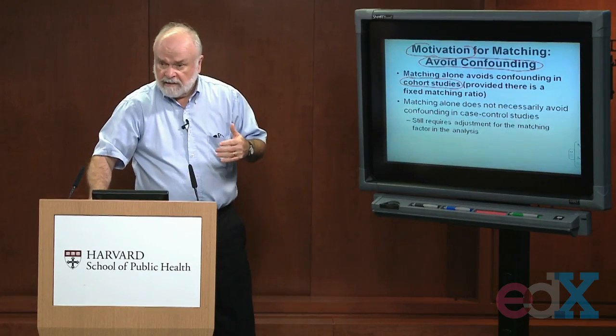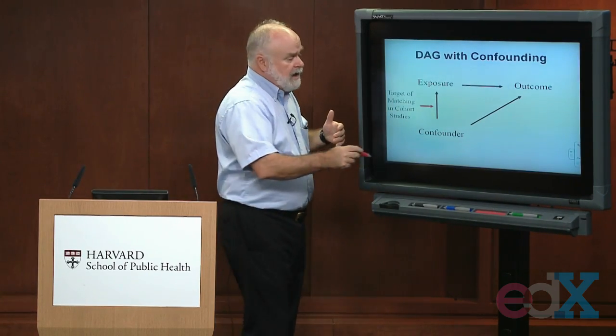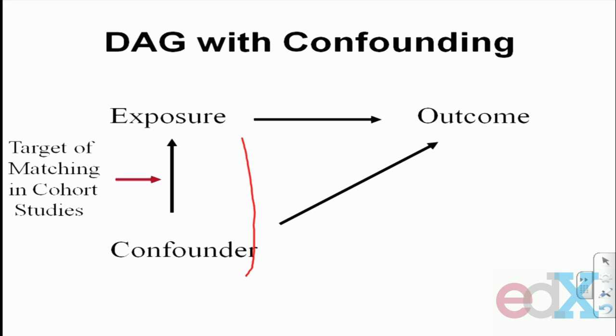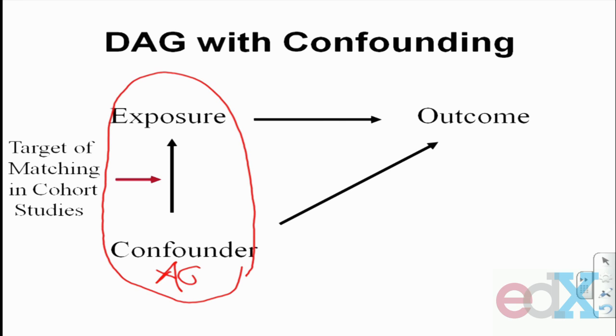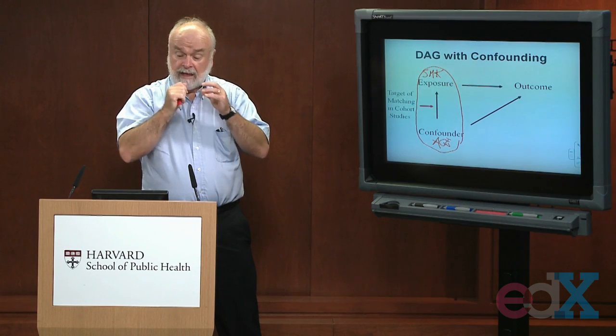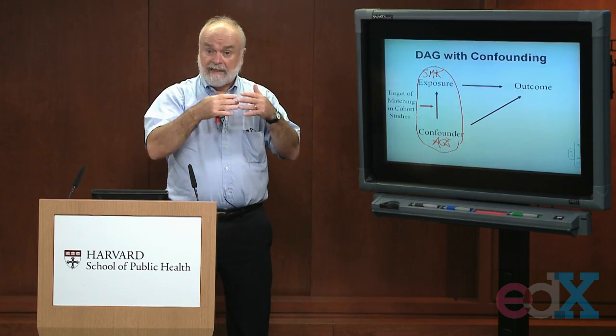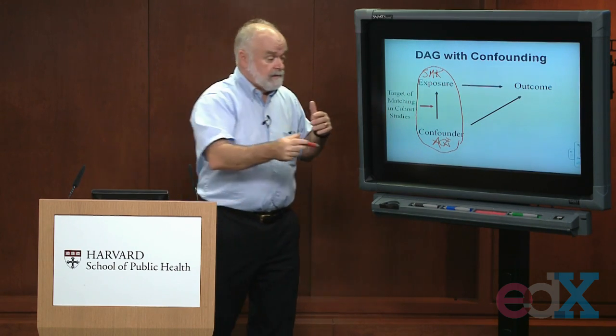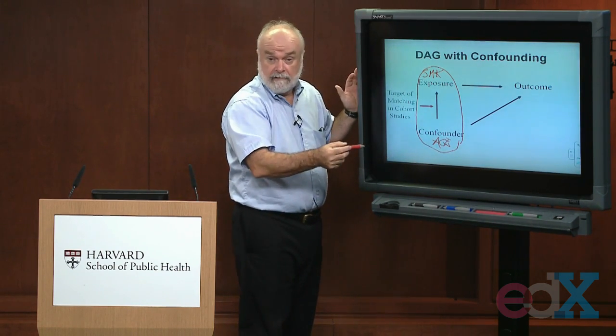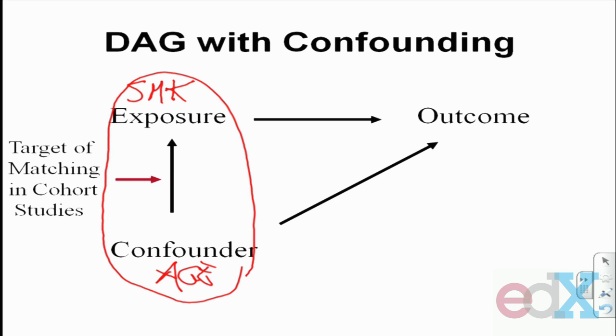So what matching does in a cohort study, it addresses the relationship between the potential confounder, say age in that particular example I've been looking at, and the exposure, which was smoking. If I match one-to-one, non-smokers to smokers, by a common age, then at the end of the enrollment process, there'll be no relationship left over in the data set between the potential confounder, age, and the exposure, smoking.